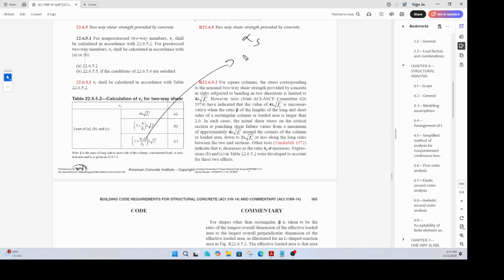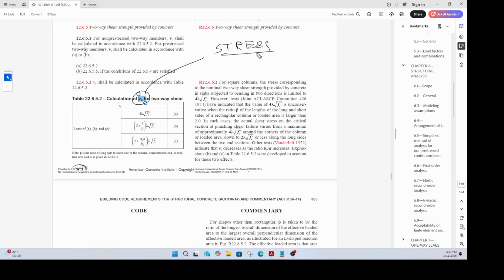So compute your alpha s, go back here. In this formula you need alpha s, you need the depth of the slab, you need b0, right? Sometimes this particular fraction is less than 2, and then this might control the entire thing, right? If that is greater than 2, then maybe this will control the entire thing. Okay, so in short, in this table we are calculating our vc value, which is the shear stress, right?